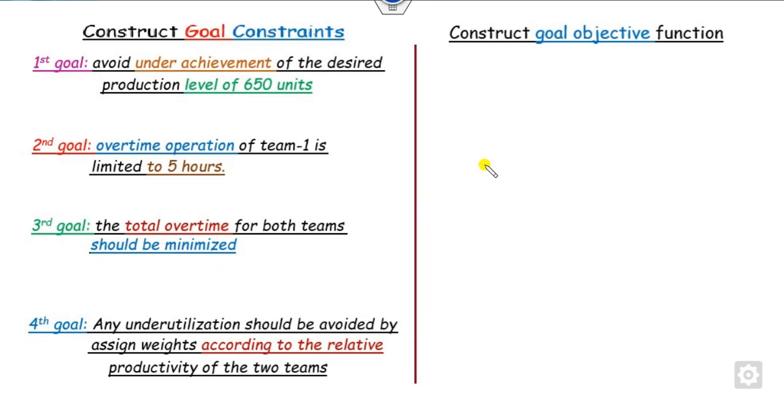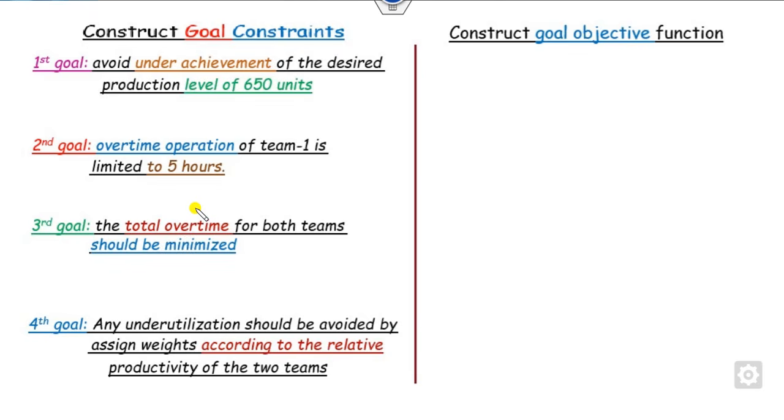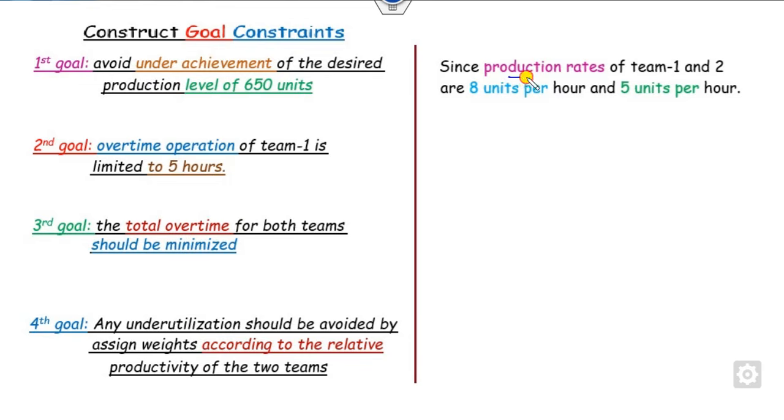Now to start with step number 1, you have to write all these goals here. I have goal 1, goal 2, goal 3, and this is my goal number 4, any underutilization. Reading the statement again, the production level is 8x1 and 5x2, and your target is to meet the requirement of 650. Sometimes this requirement will not be exactly satisfied as an equality.